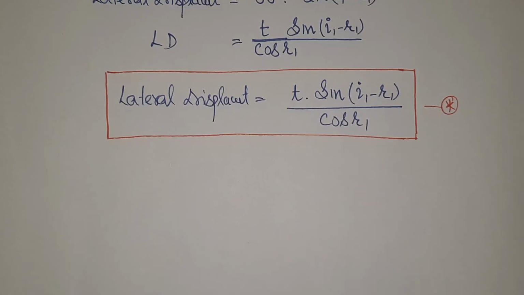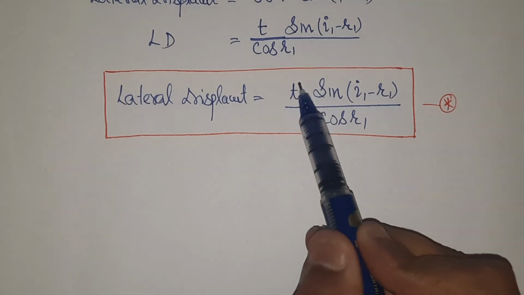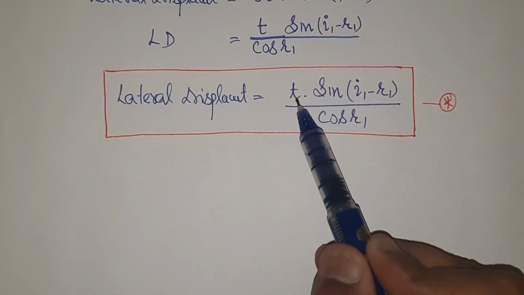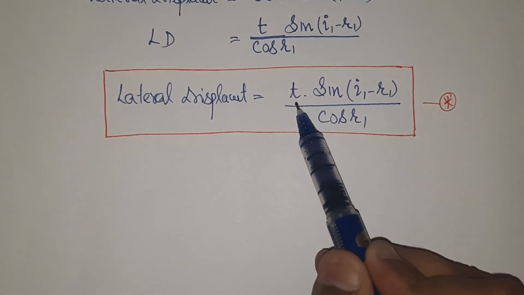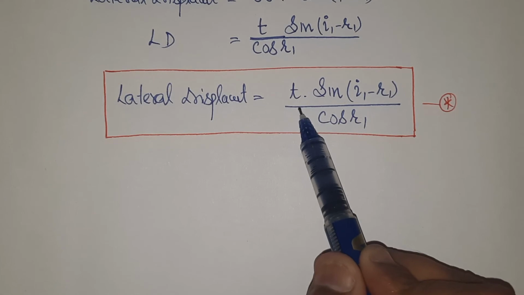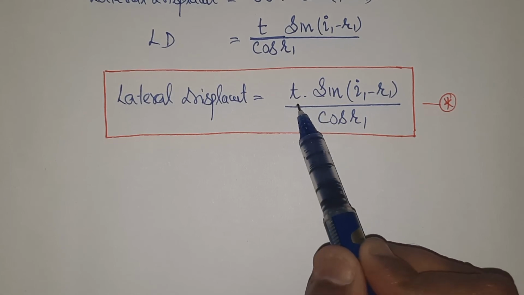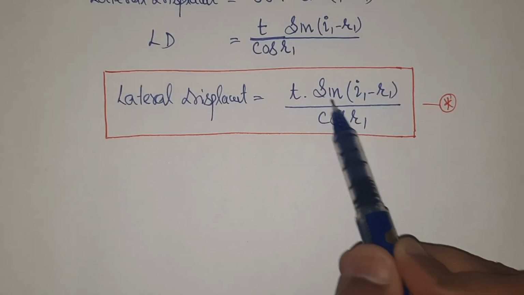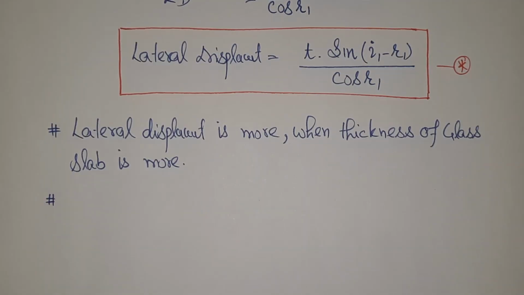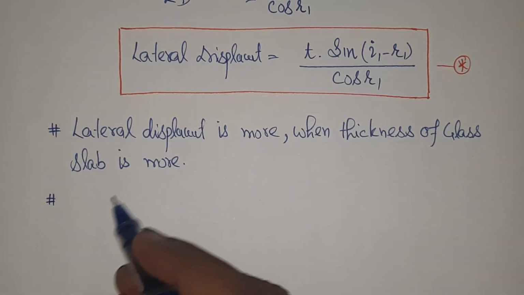Now you see, this lateral displacement is directly proportional to the thickness of the slab. That means the thicker the slab, the greater the lateral displacement, the lateral shift. And this lateral displacement also depends on sine of I1 minus R1.